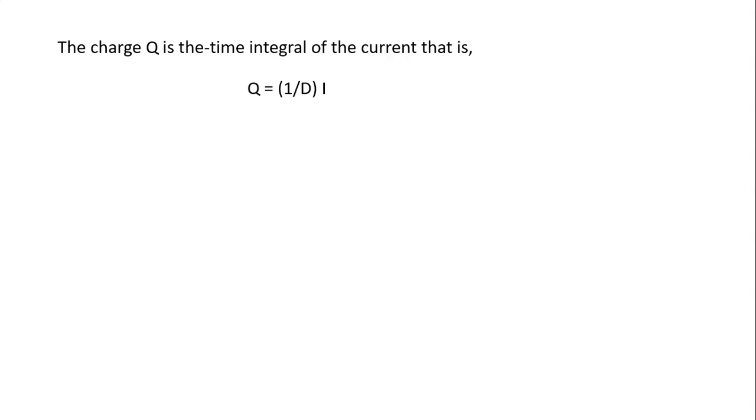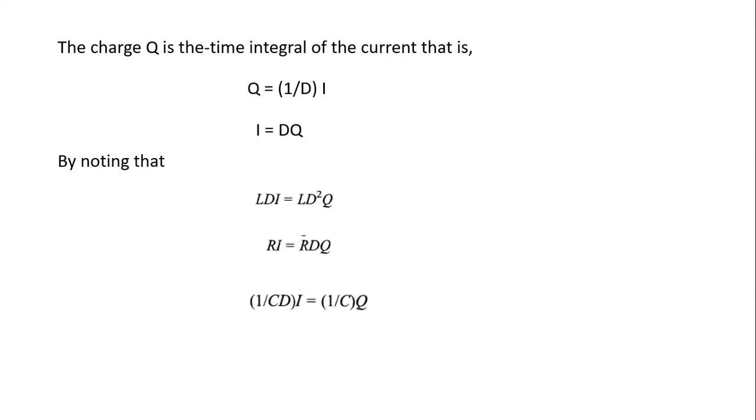Q is equal to the integration of I, and the integration sign is replaced by 1 upon D. Therefore, I is equal to D Q. Next, L D I is replaced by L D square Q, R I is equal to R D Q, and 1 upon C D I is equal to 1 upon C into Q. We have just put this value of I as D Q in this equation, and we have got these three values.